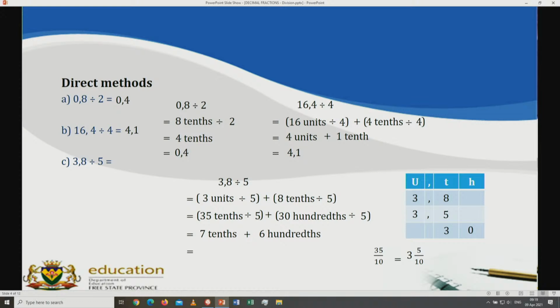And then we can write it directly as a decimal number, because 7 tenths means there are no units, so 0,76. This is the tenths, 7, and then 6 hundredths. Those are the methods that we talked about as the direct one, using the place value chart to talk about these digits. Right.